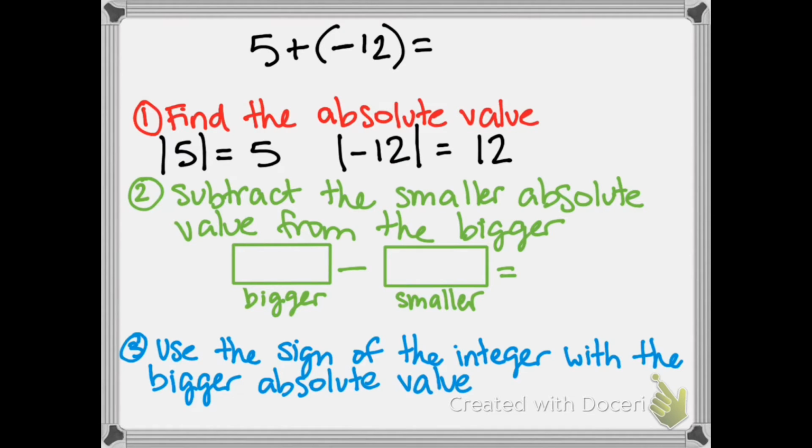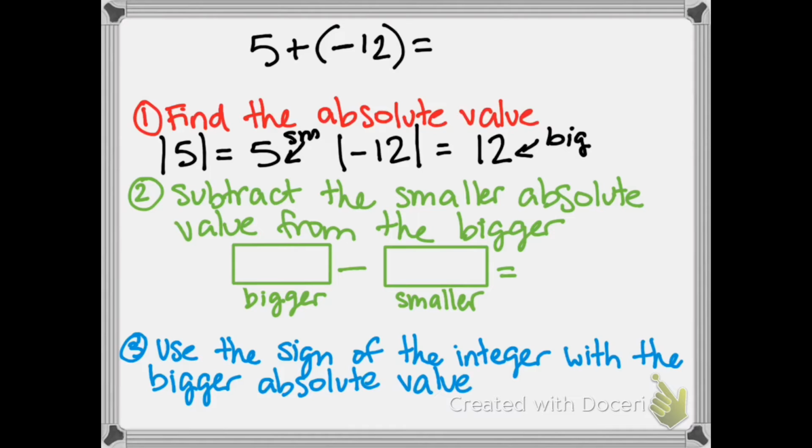Now I want to figure out which one of these has the bigger absolute value and which one has the smaller absolute value. So I can see that the 5 is smaller absolute value and the 12 is a bigger absolute value.